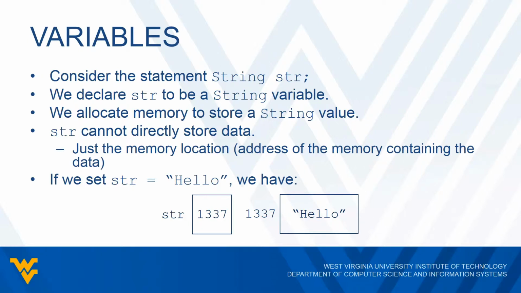The first memory cell has my variable str and it stores a memory address. Here we're just using 1337 as an example. That means the data for str is actually stored in address 1337. If I look in that memory cell, I would see the string hello being stored there.